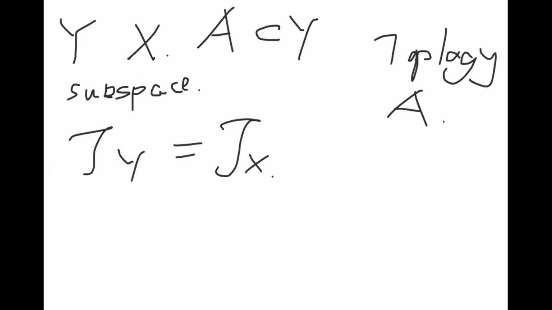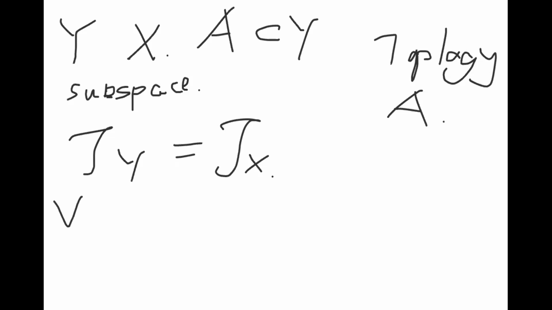We first get the topology of Y as a subspace of X, and then we get the subspace topology of A, and then we show that it's a subset of the topology generated by the subspace topology of Y. Yeah, basically the same. You're basically right.